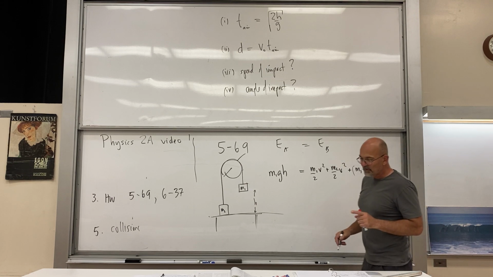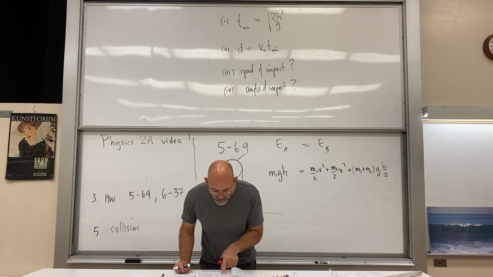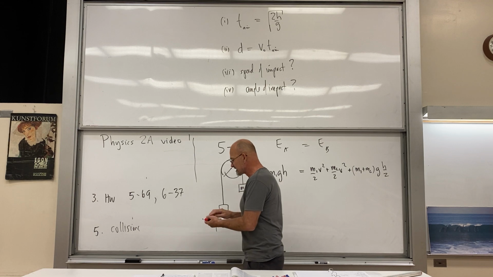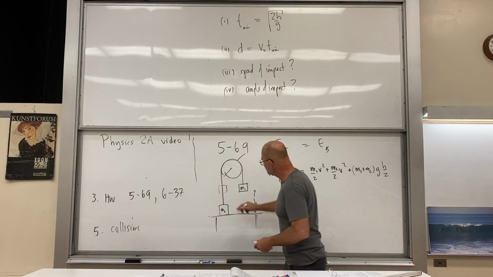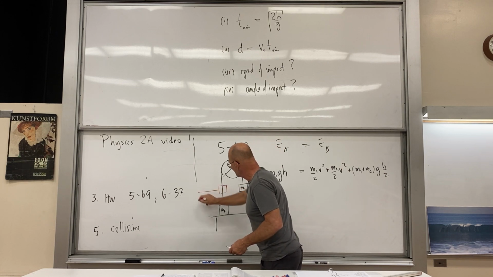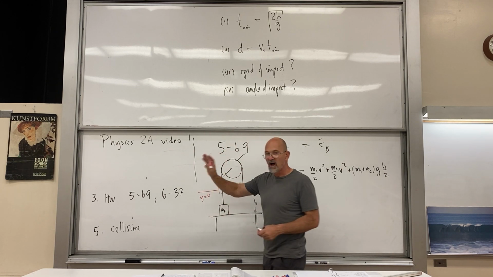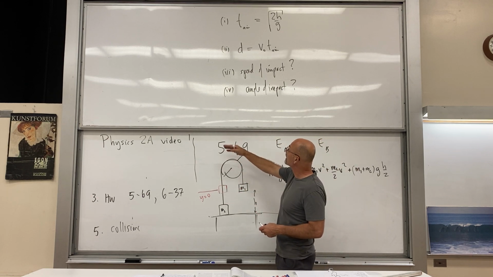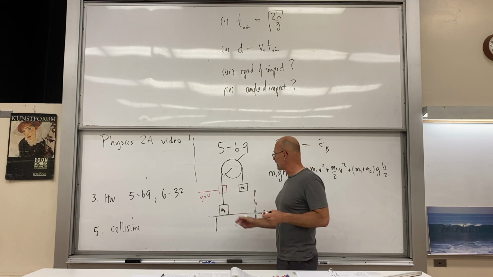And finally, there was a question about how much higher the object travels after the other object hits the table. How much higher does this one travel? So this one ends up here. I'll just draw a little dotted line. So M2 ends up here, and if you call this the new y equals 0 level, then it has an initial speed, and it's really the problem we just did on our quiz.